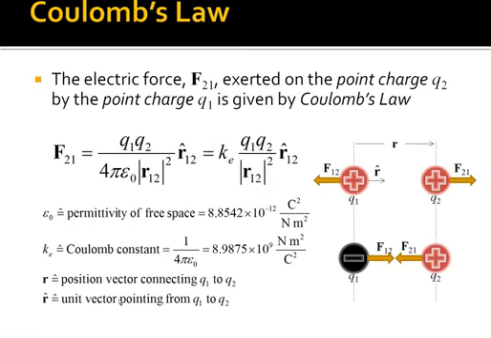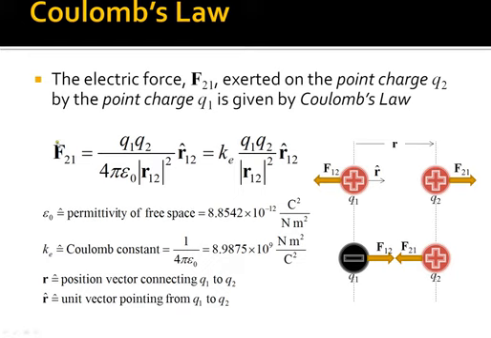The magnitude and direction of the electric force exerted between two charges can be calculated using Coulomb's law, where Q1 and Q2 are the magnitudes of charge associated with the two particles or objects that we're looking at. We see a couple things here.